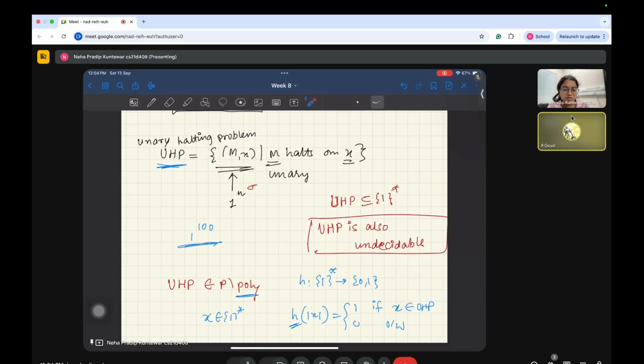Throughout the course we were looking into the decidable world, where NP and P, everything was decidable. We knew there is a Turing machine.